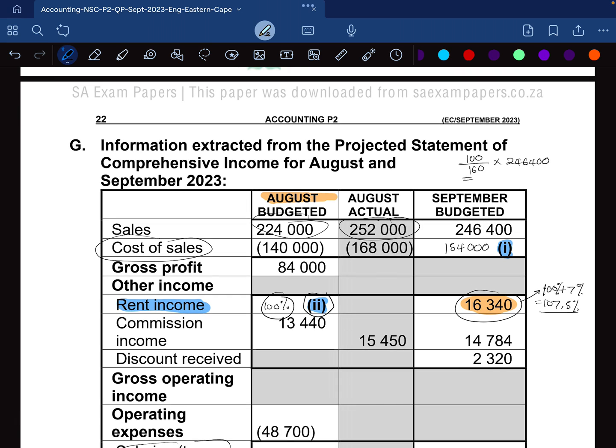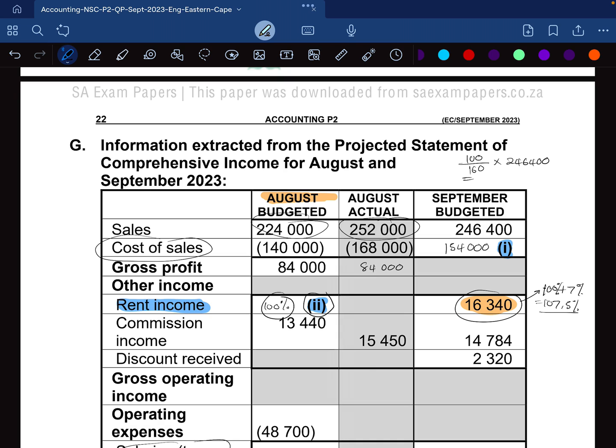Okay, so let's just have a look at what happened here. So in August, the actual sales that we had was 252,000, and then we had cost of sales of 168,000. Let us just quickly calculate what our profit was. Okay, so we had 252 minus 168,000, and then that is 84,000. Okay, so in this case, she was able to maintain the same gross profit.